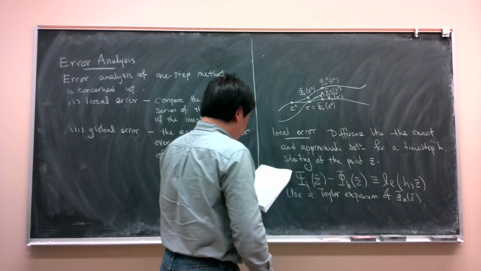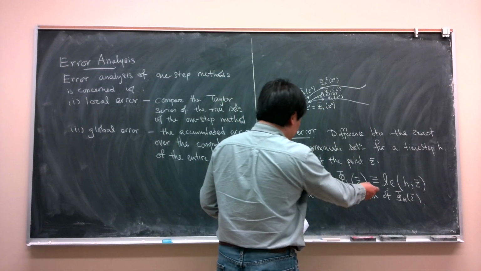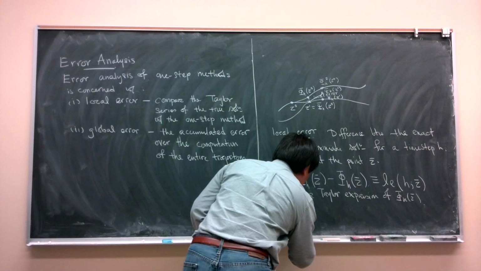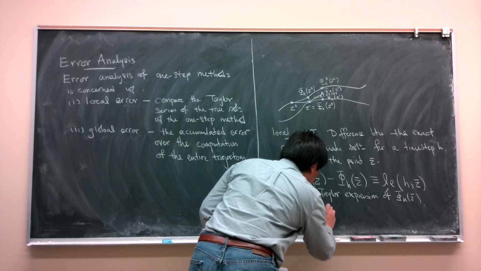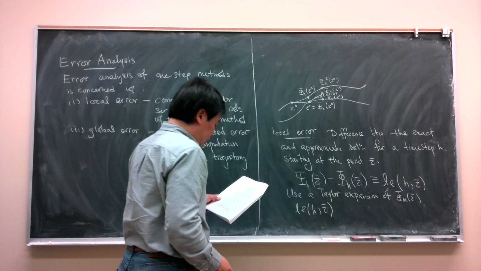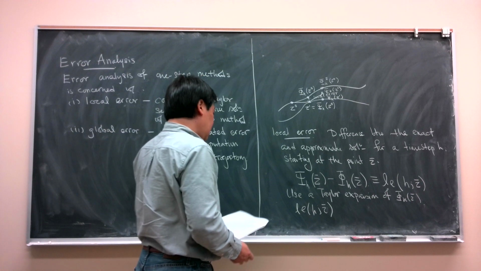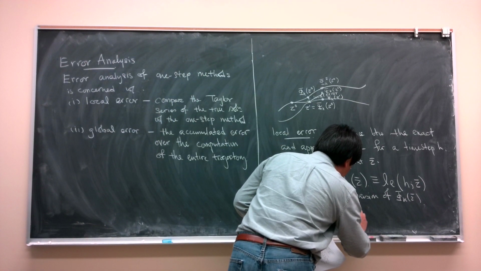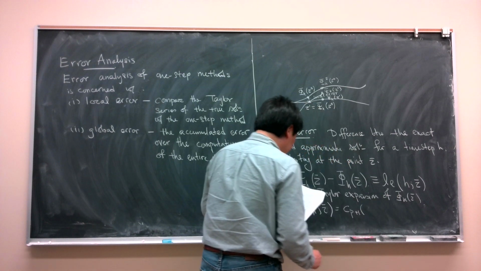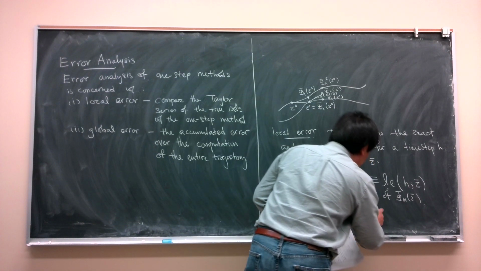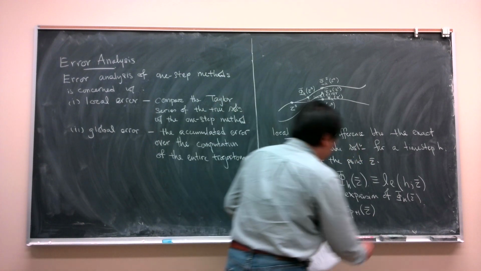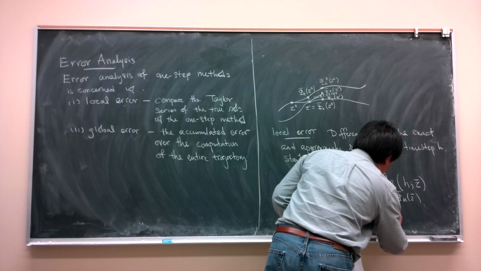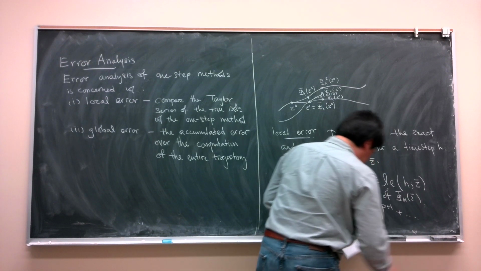And then what will end up happening is that this local error term is going to look like some sort of series in h. So it's going to be some C_{p+1}, which depends on the initial condition z bar, times h to the p plus 1, plus higher order terms.